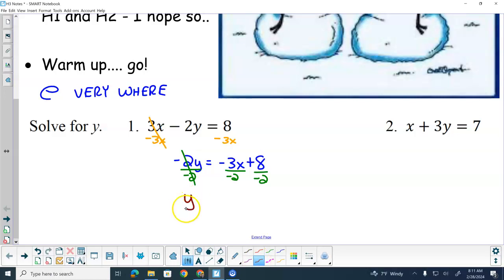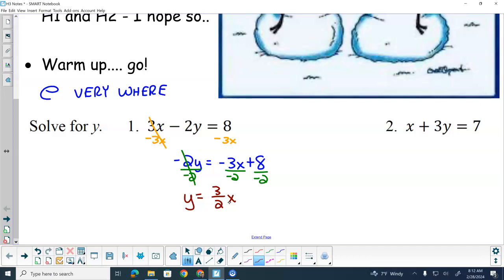Okay, that's good so far. Is it negative divided by a negative? Is that positive or negative? So it'd be positive 3 over 2. And then what else are we missing in that one? X. Do I like the fraction 8 over negative 2?